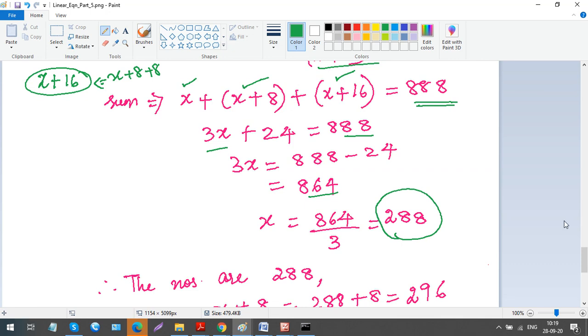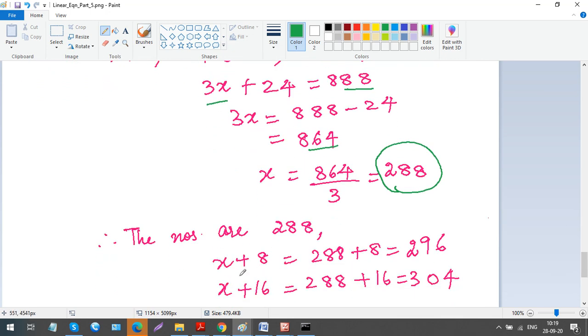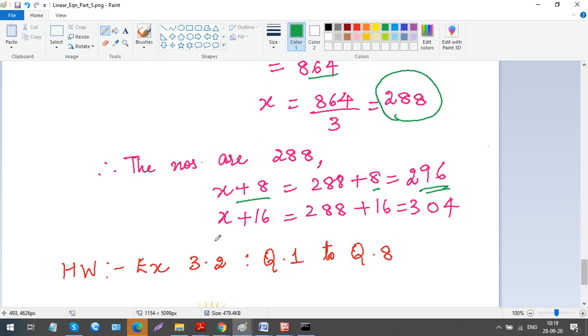Now the next number is going to be x plus 8, which is 288 plus 8, because x was 288, right? So that gives you 296. Now again x plus 16, so that's going to give you 288 plus 16, which is 304. So the consecutive 3 numbers are 288, 296 and 304.